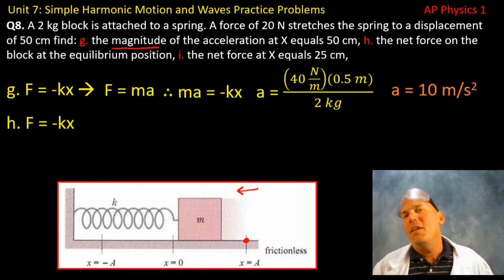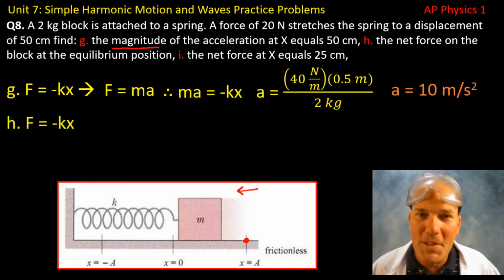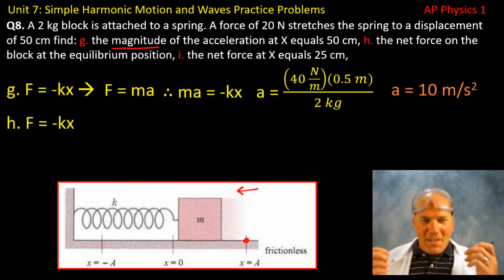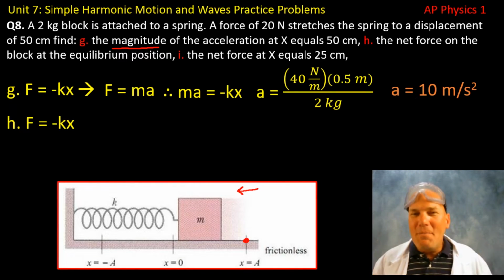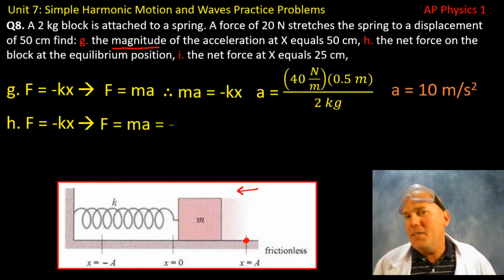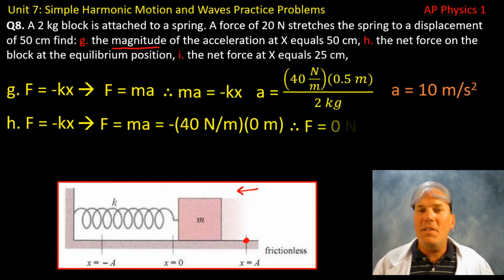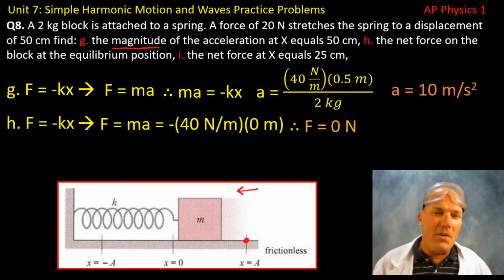Part H, let's find the net force on the block at the equilibrium position. Let's use Hooke's law. And remember, at the equilibrium position, x is equal to 0. So for that reason, the force is equal to 0.